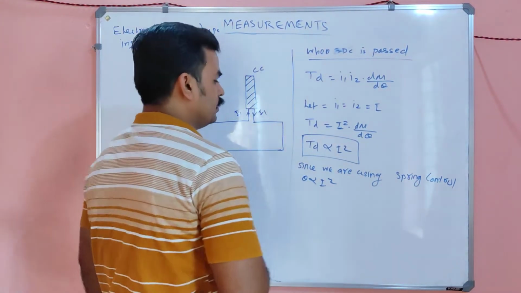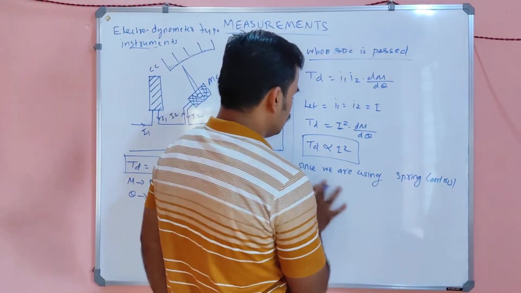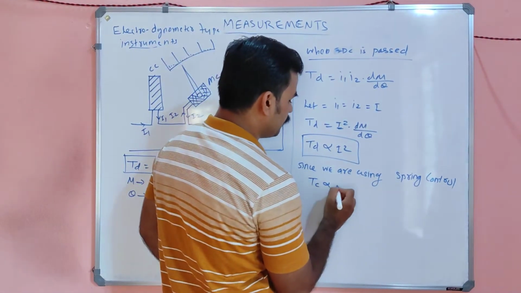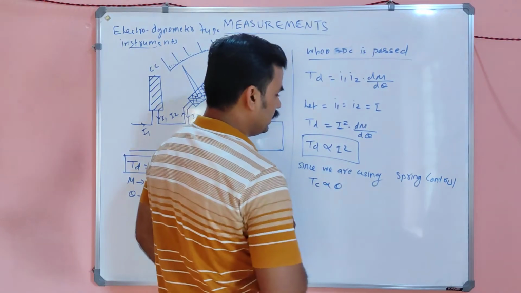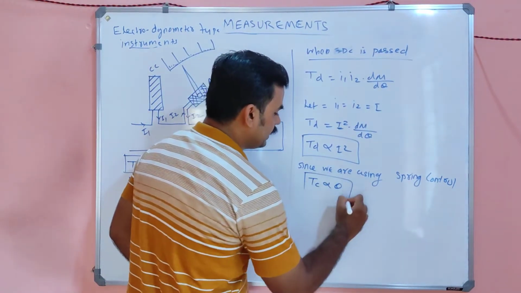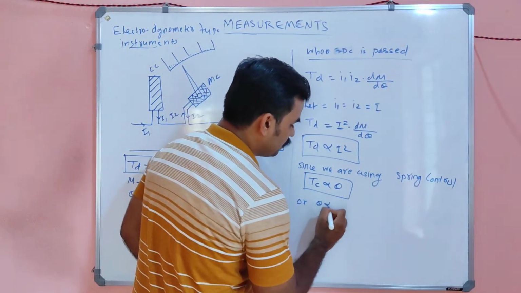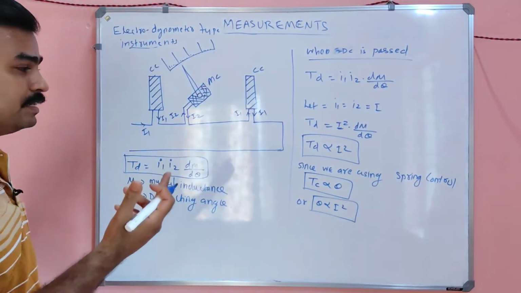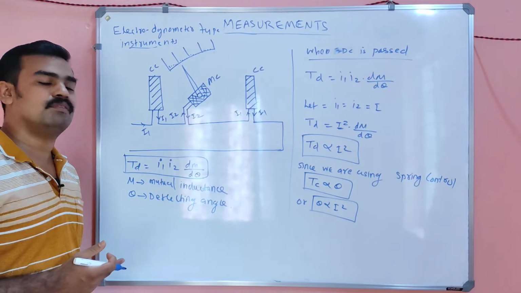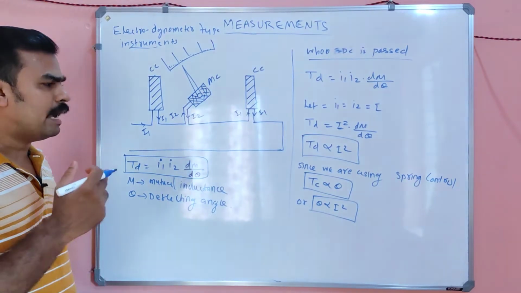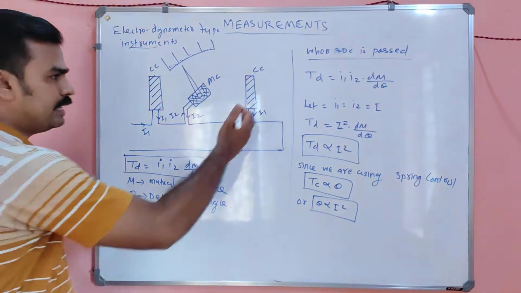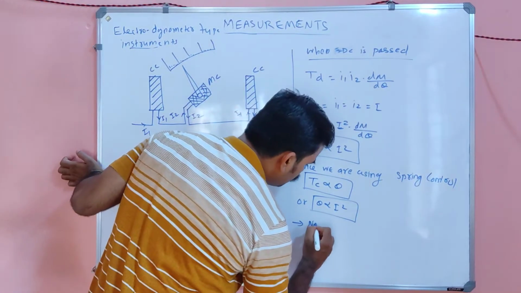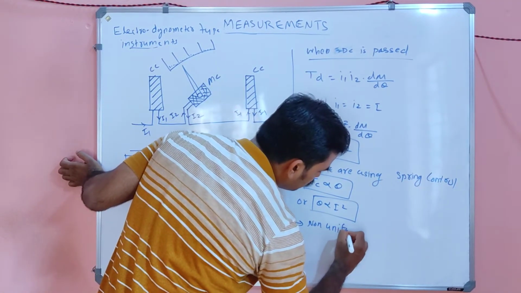This is for DC. So I can conclude from here that it has a non-uniform scale.